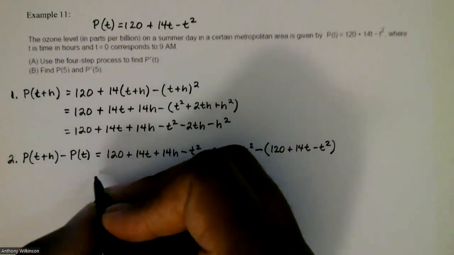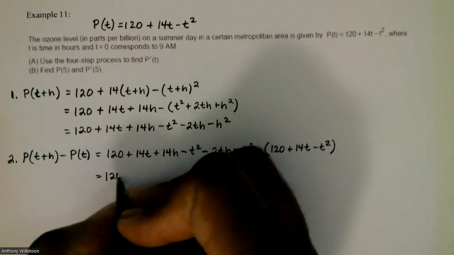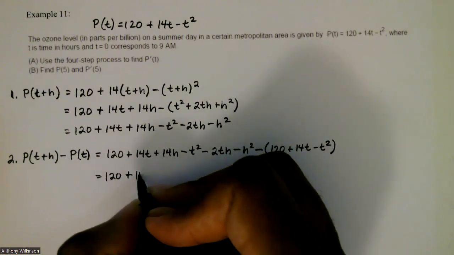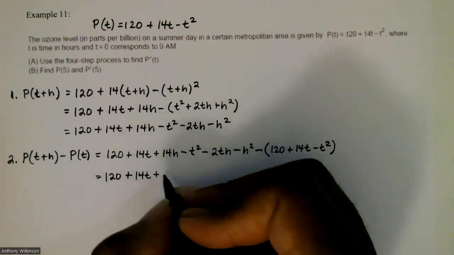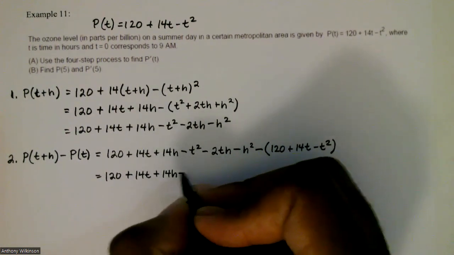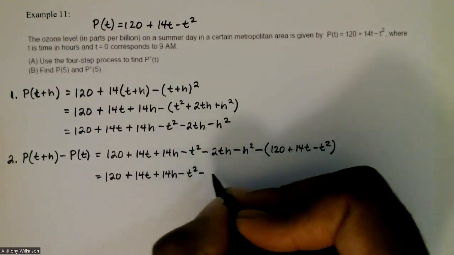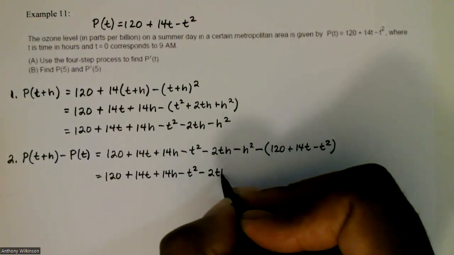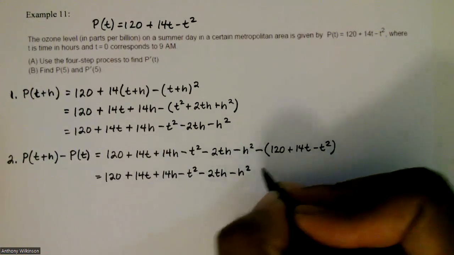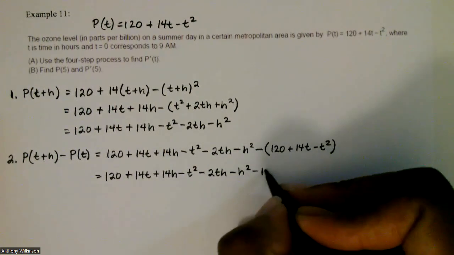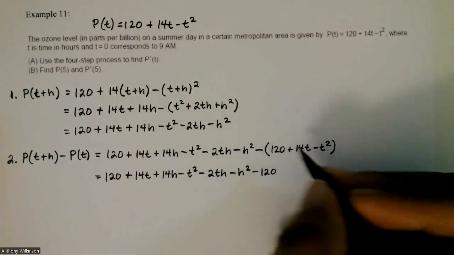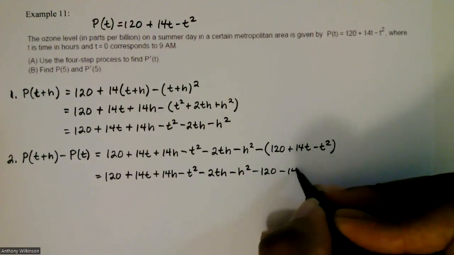So in this case here, this will be 120 plus 14T plus 14H minus T squared minus 2TH minus H squared. The minus makes the 120 minus 120. The minus makes the 14T minus 14T.